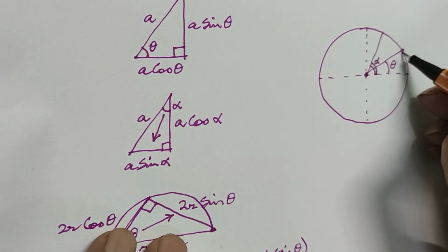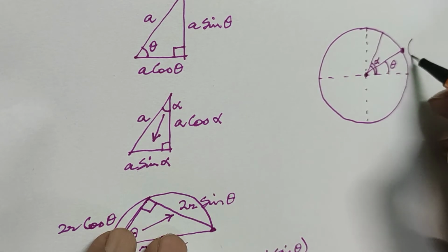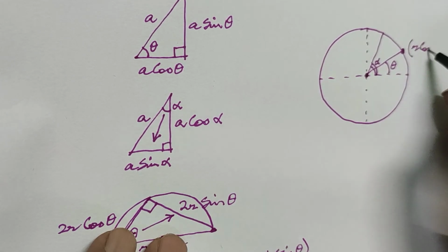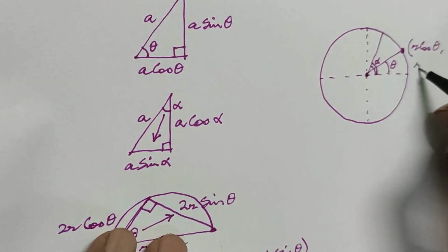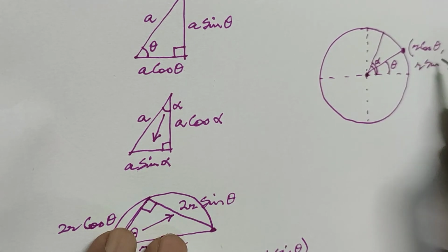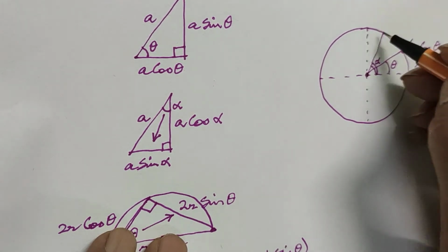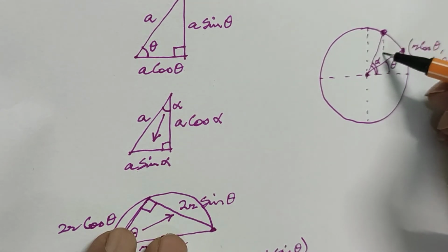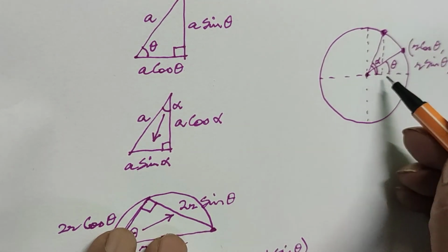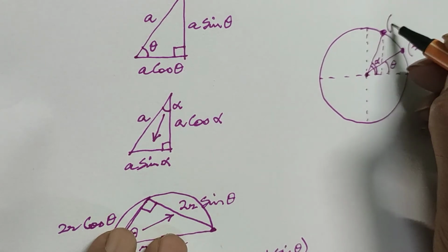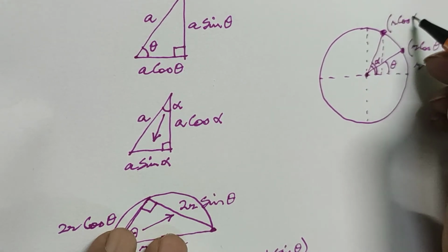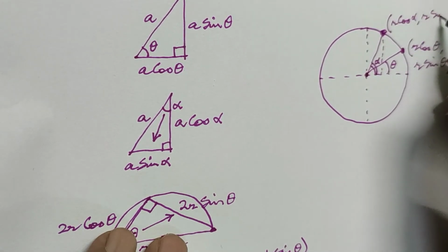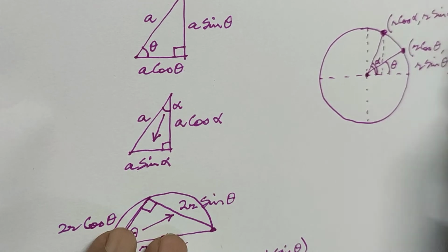You can immediately tell the coordinate of this point as r cos theta, comma r sin theta. Similarly, this one is making an angle of alpha, so if I drop a perpendicular, this coordinate becomes r cos alpha, r sin alpha. As simple as that.